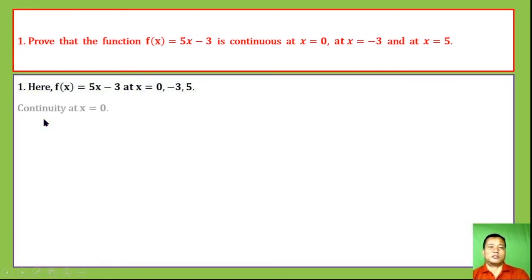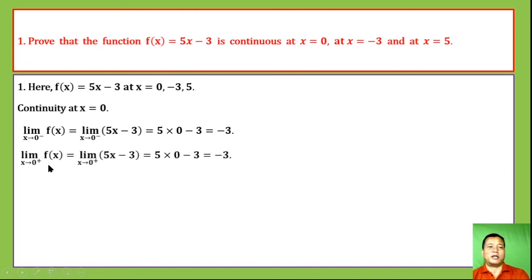Let us test continuity at x equal to 0. The left hand limit at 0: f of x is 5x minus 3, which is a polynomial in x, therefore its limiting value is obtained when x is replaced by exactly 0, that is minus 3. Similarly, the right hand limit at 0 is also minus 3.